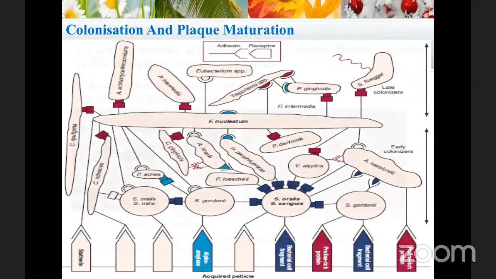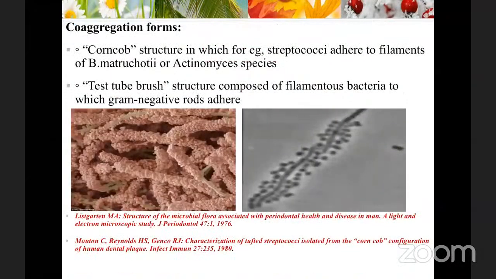Socransky also gave different types of structures, and this is the concave structure, where the streptococci adhere to the filaments. When the cocci adhere to a filament, it is concave. And when filaments adhere to filaments, it is the test tube brush, we know.